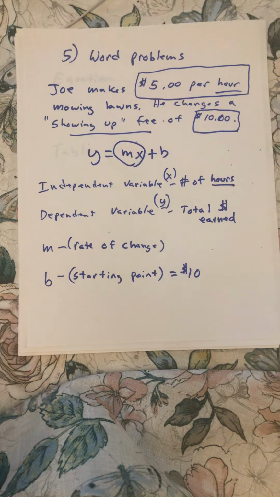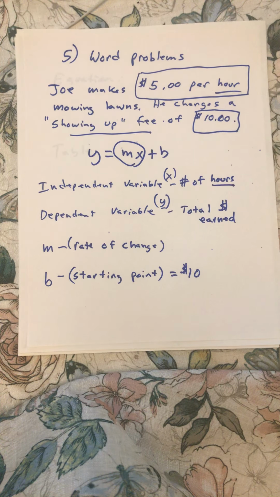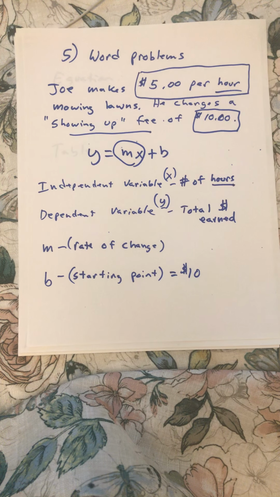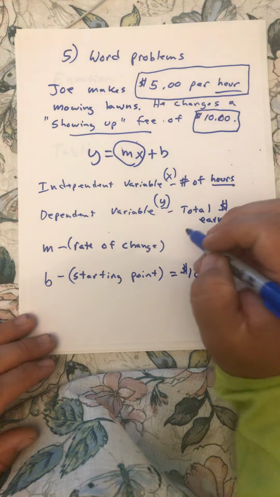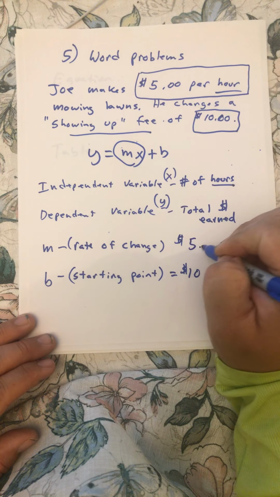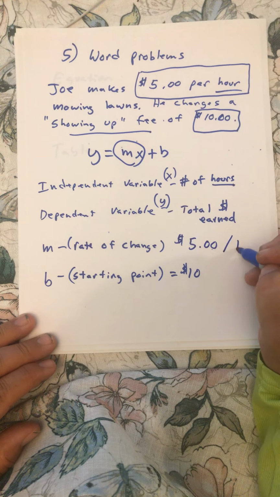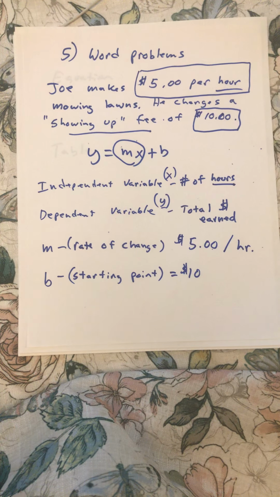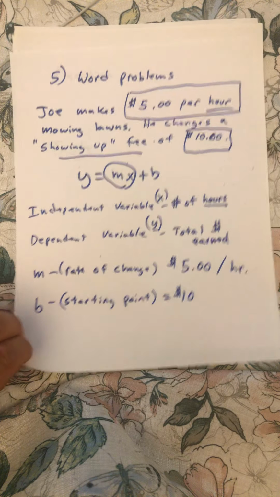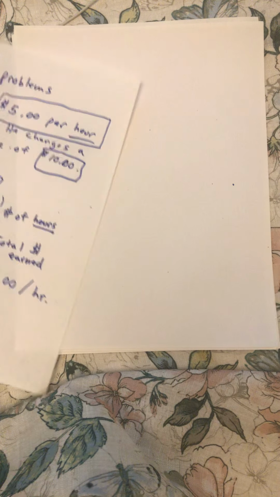So we're going to multiply our rate of change, also known as our slope, times our input, which corresponds to our independent variable, the number of hours. So our rate of change is simply $5, and we could put per hour. Every hour I work, I make $5 if I'm Joe. 2 hours would be $10, etc. But remember, you have to include the fee. So let's go to this problem in a little bit. What's our equation going to be?